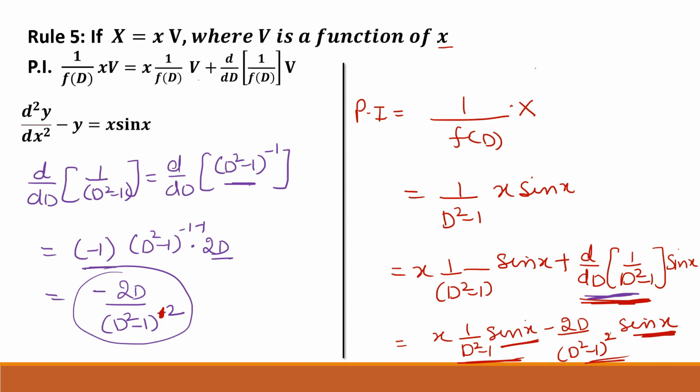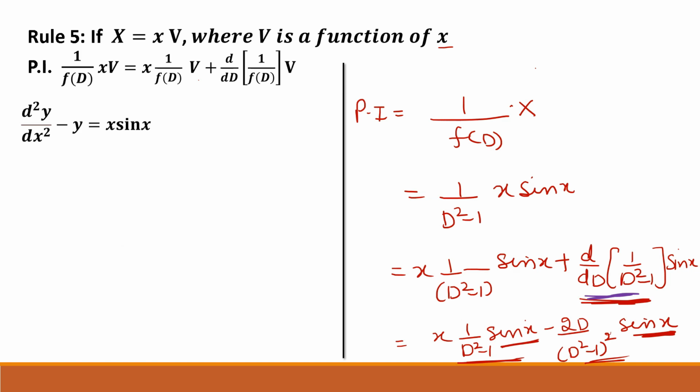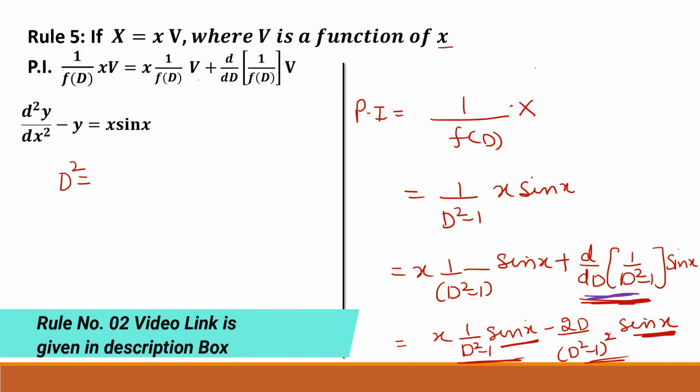In case of sin ax or cos ax, we apply rule number 2 again. So we need to put D square equal to minus a square. What is the coefficient of x here? The coefficient of x is 1. Here also the coefficient of x is 1. So in both the terms we have to put D square equal to minus 1 square, negative, means minus 1.